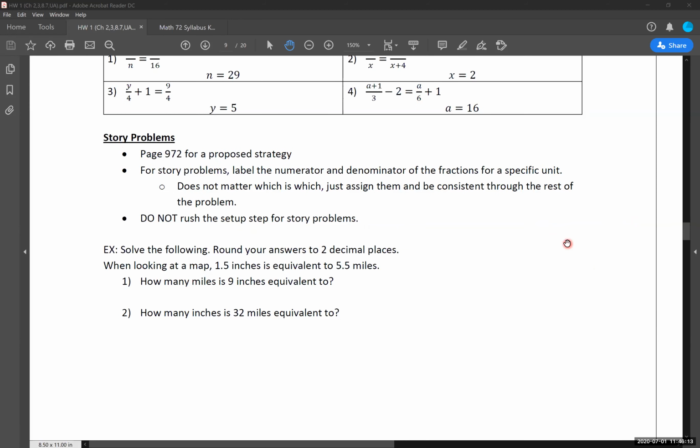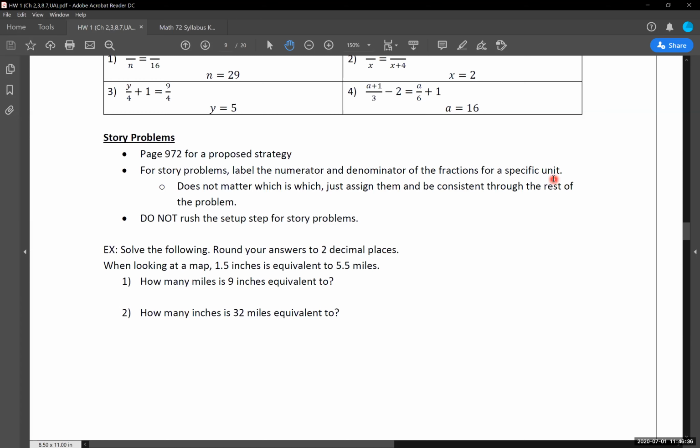So when we are working with proportions, the best recommendation that I have for you guys, and we'll go through this with these two examples as well, just so you guys can see that: set up a fraction equals a fraction, no variables written in. Label the numerator and denominator of the fractions for a specific unit.